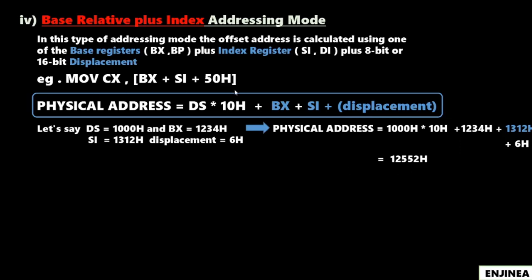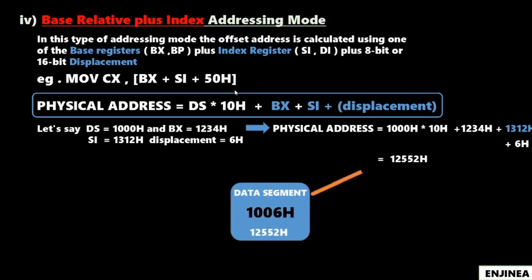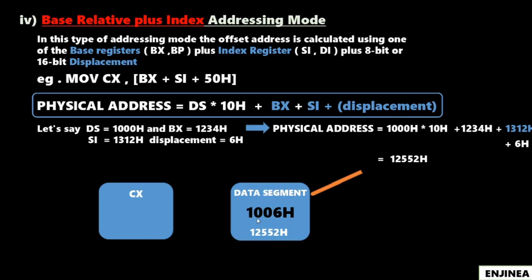So what this instruction means is, suppose in the data segment, in this physical address that we got from here, we have a value 1006H. This is a 16-bit value which is stored in this location. So what this instruction will do is take this value, which is 1006H, and store it in our CX register, just as in the previous cases.